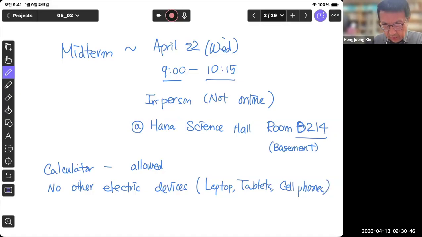Those are not allowed, which means if your calculator is available only on the cell phone, that is not allowed. Okay, the calculator on the tablet, not allowed.